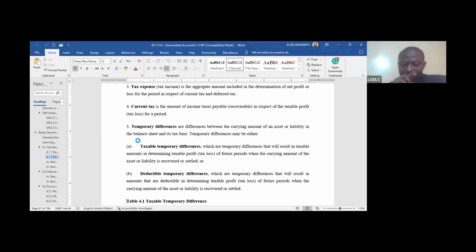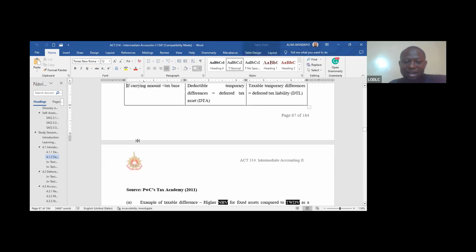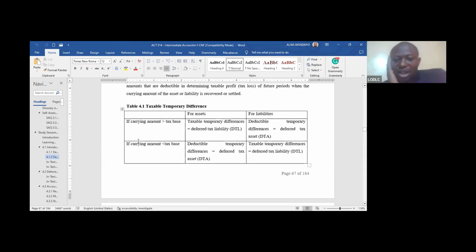Now, under the taxable temporary differences, let us look at this. If the carrying amount is greater than the tax base, that is what they are trying to tell us here. So for taxable temporary differences, we have carrying amount minus tax base.